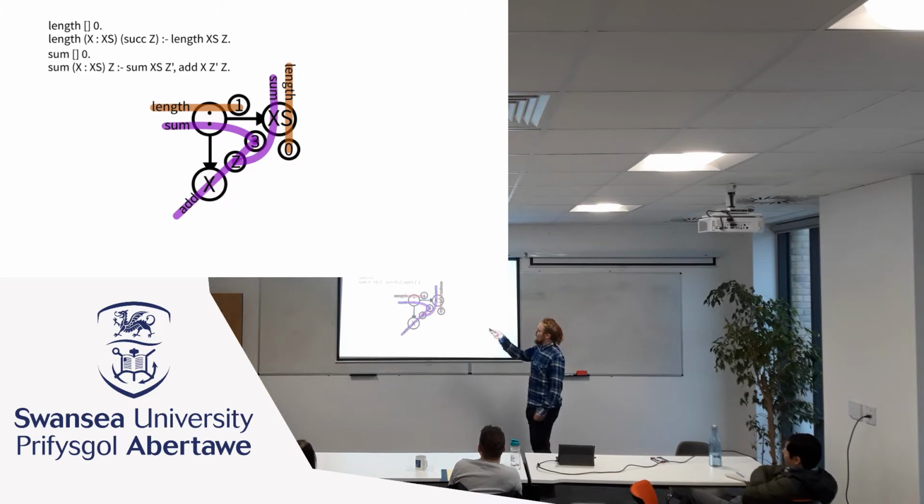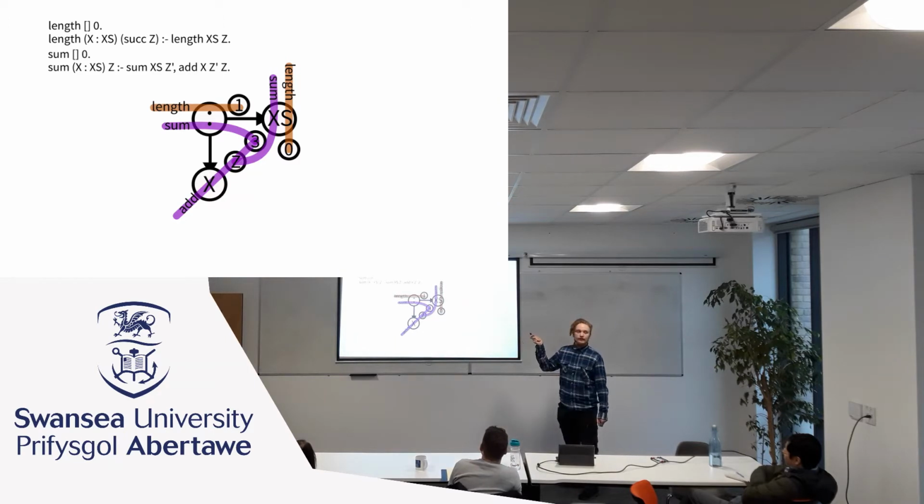Now the cool thing about this example is that the unit propagation that we saw from last time directly solves our riddle. So in this case we want to have a list of length 1 but with a sum of 3. And so by length 0 being an axiom, there's only one thing that can be filled in here.